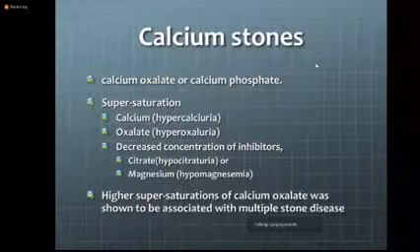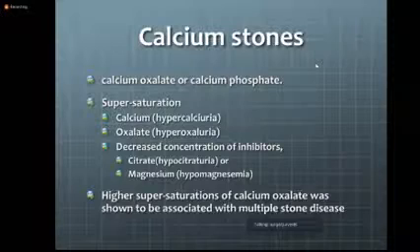The reason why they are formed, and we all know that stone formation is really related to two factors. Number one is supersaturation, and the other theory is Randall's plaque. Supersaturation is the more accepted cause for urolithiasis in children, and hypercalciuria, which is increased calcium excretion, and hyperoxaluria are both factors.